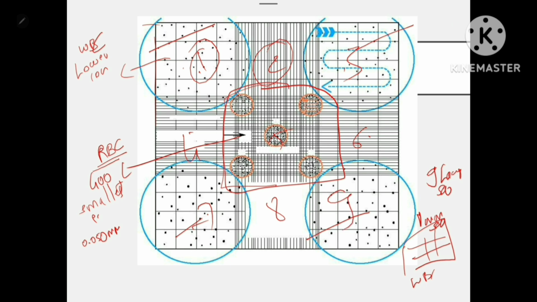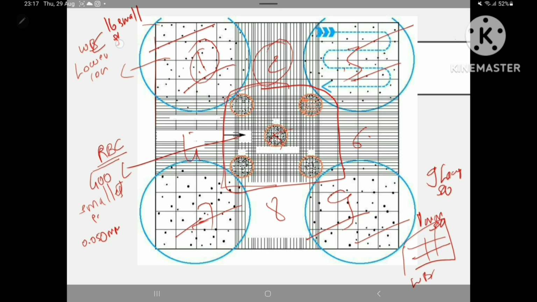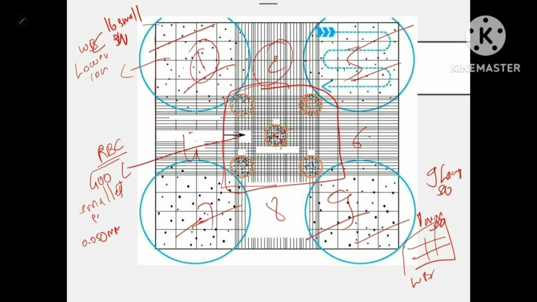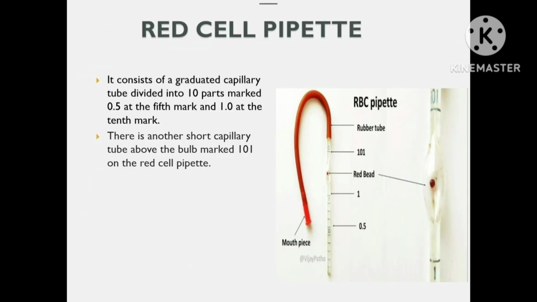The 4 corner squares are used to count WBC, and each is again subdivided by 3 vertical and 3 horizontal lines, so there will be a total of 16 small squares. This is how we use Neubauer's chamber to count RBC and WBC.